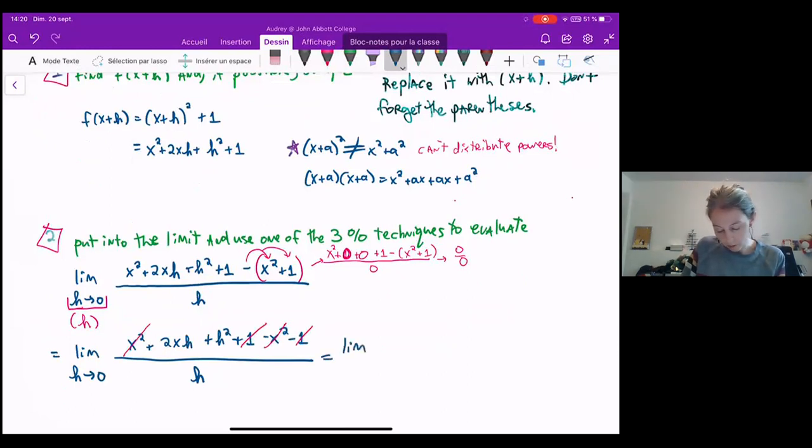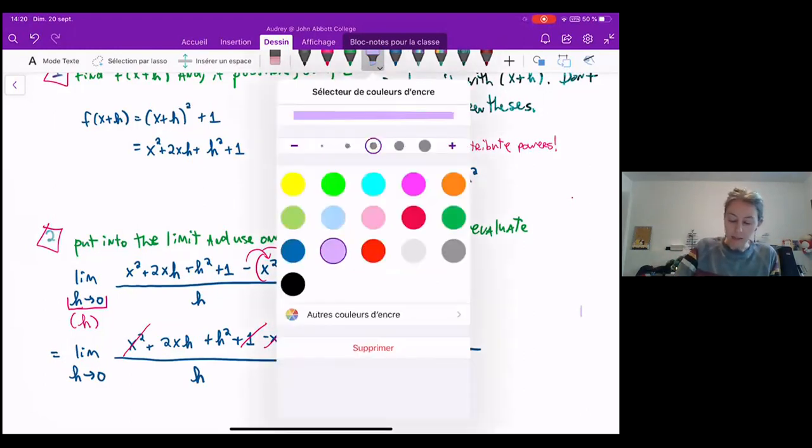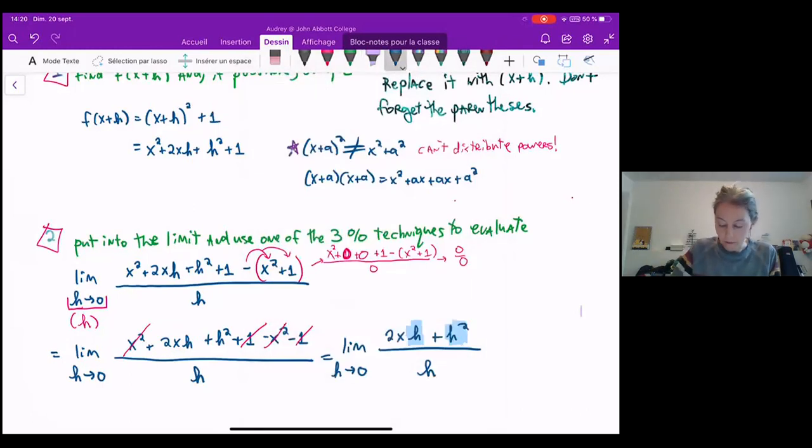So now I have the limit as h approaches 0 of 2xh plus h squared over h. Now you'll notice here that there is a factor of h in both parts of these things. So it's 2xh plus h squared. In other words, the greatest common factor of the numerator is now h. So I can factor that h out.